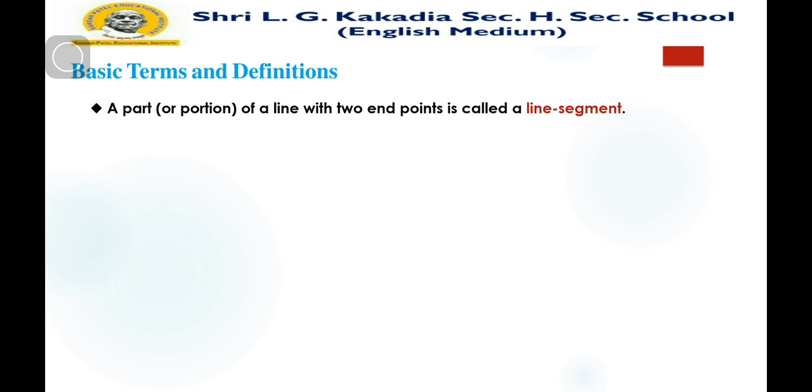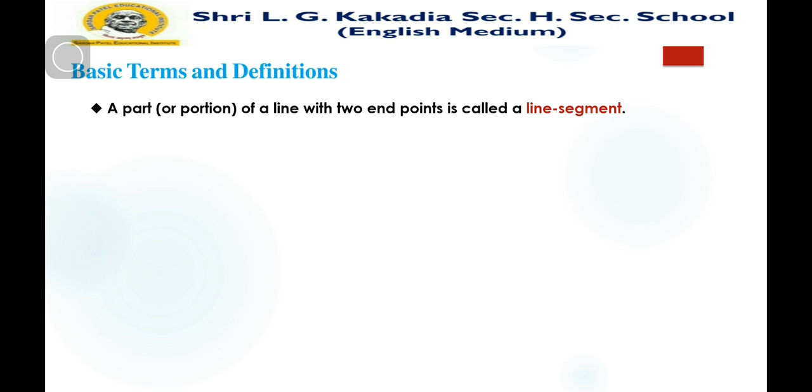Now, line segment. What is a line segment? As you know, a part or portion of a line with two endpoints is called a line segment. A line has no endpoints. But if we take two endpoints on a line, it divides the line into a small part.